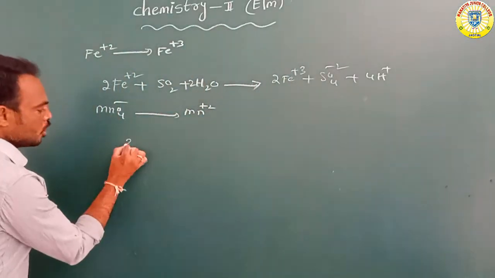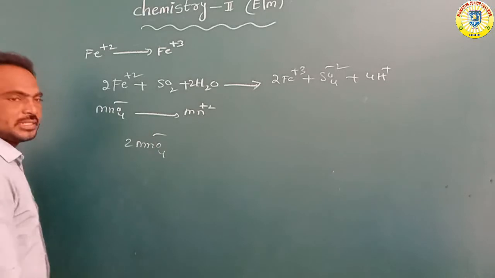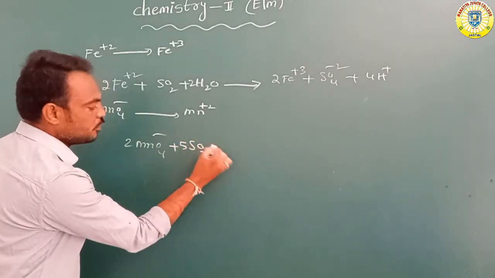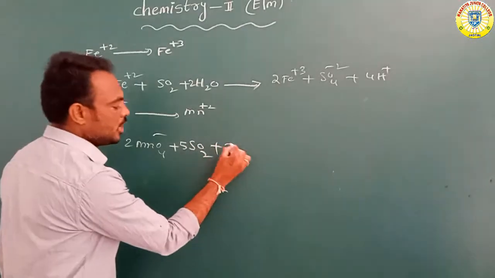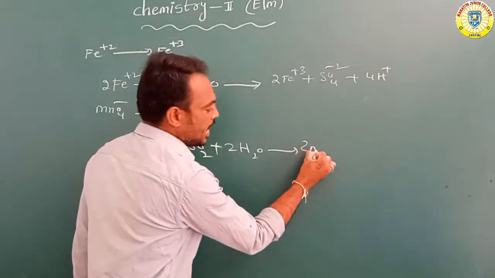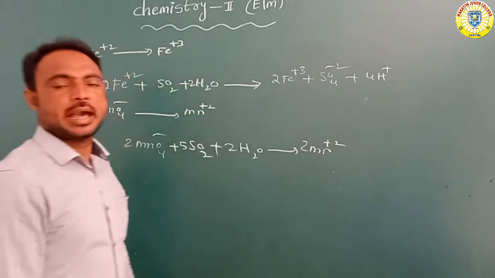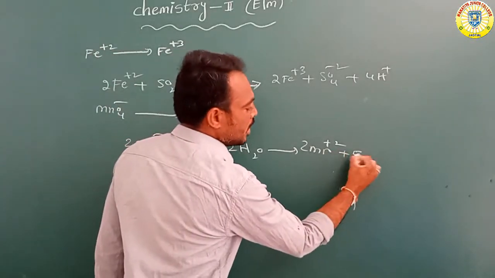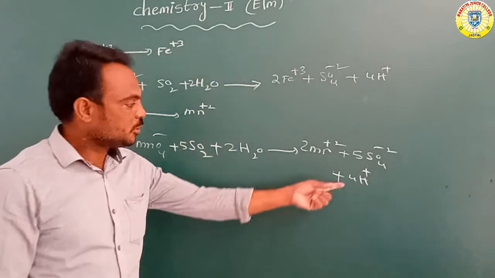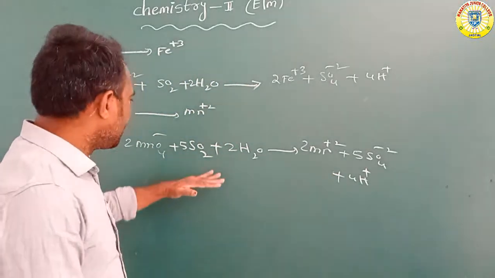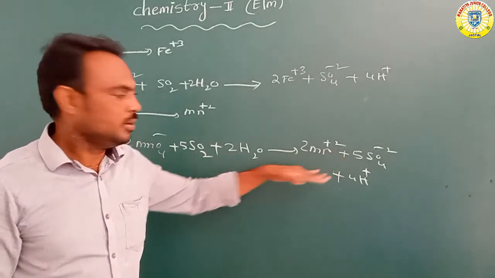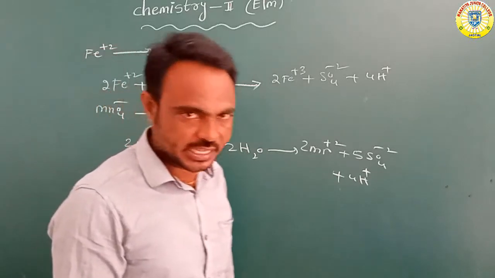Suppose 2MnO4- reacts with SO2 and water molecules to form Mn+2 manganese ion, SO4 2- sulfate ion, and H+ ions. So overall, the permanganate ion is converted to manganese ion in the presence of SO2.